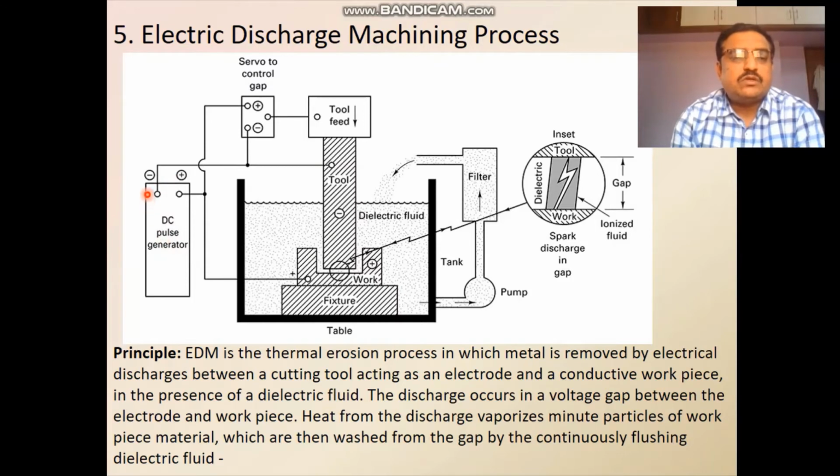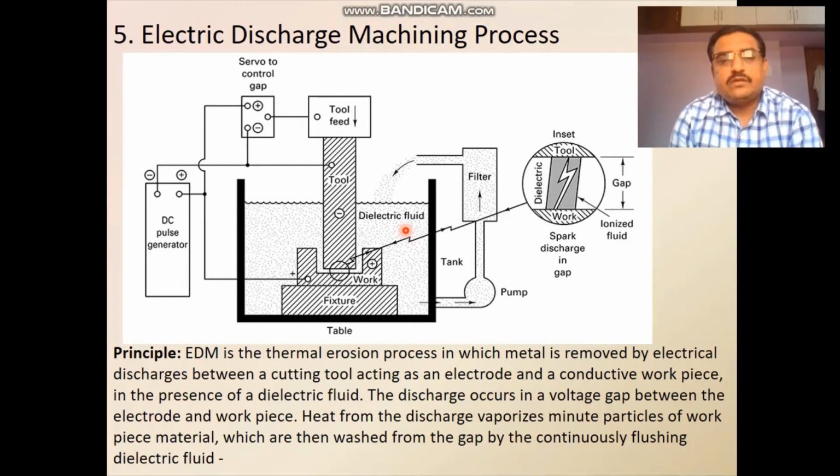The negative terminal is connected to a conductive tool, and the end of the tool is made in whatever shape or geometry is required. The workpiece is connected to the positive terminal of the DC supply and is mounted on a fixture, and the total tool and workpiece are dipped in a dielectric fluid.